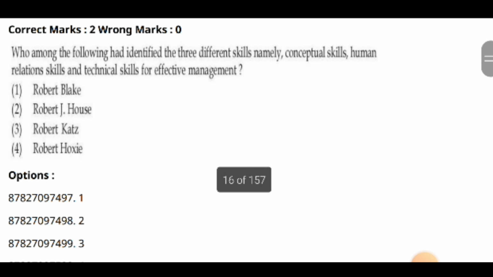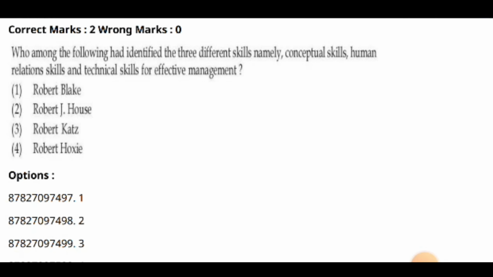Who among the following identified the three different skills, namely conceptual skills, human relation skill, and technical skill for effective management? All options come with Robert, so you'll get confused. It's actually Robert Katz who identified three important skills for effective management: conceptual skills, human relation skill, and technical skill.